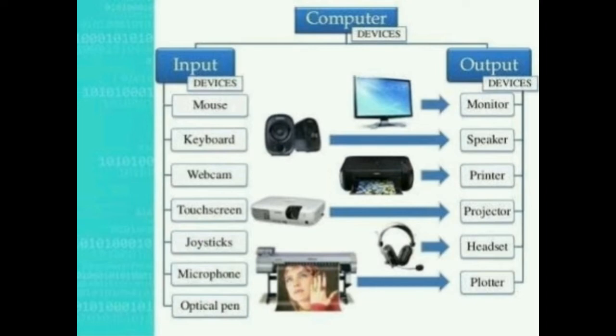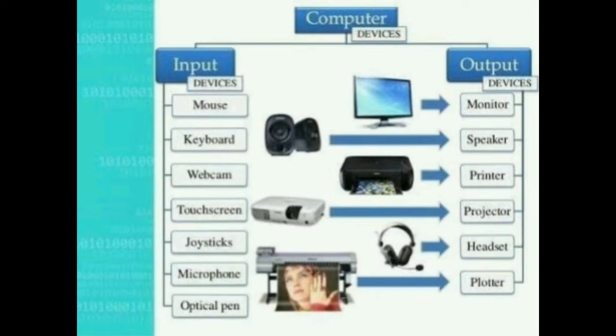Now in detail, I am going to explain to you input devices and output devices. Now first of all, input devices. All commands and instructions are given through the input devices. Two important input devices are keyboard and mouse.